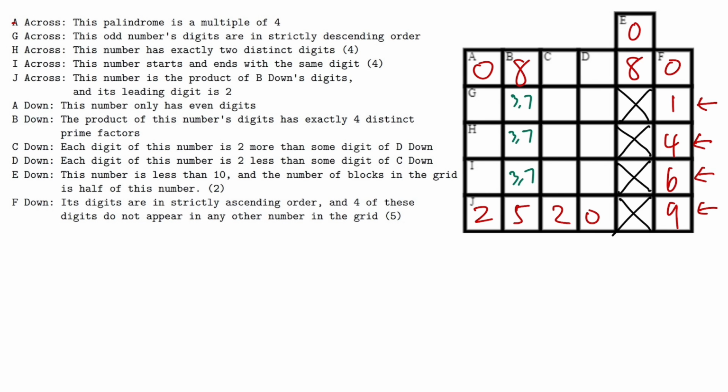I don't know yet. Let's go ahead and just take a look at other information. Now let's take a look at G across. This is an odd number, and the digits are in strictly descending order, so we cannot end up with 1 because the 1 is right here already. So can we end with 3?